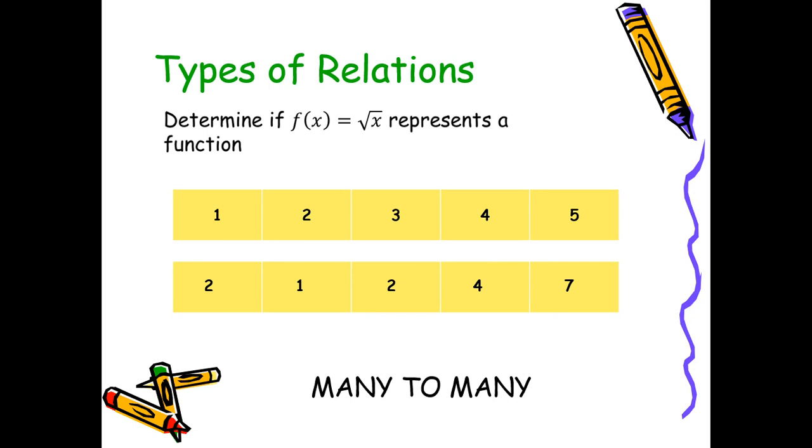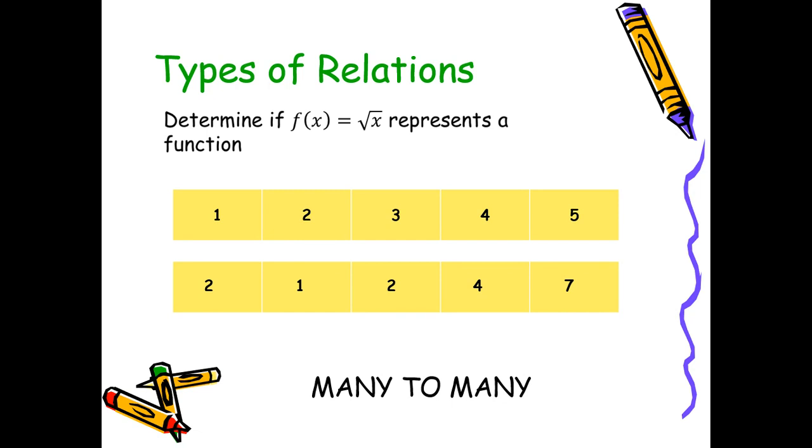Okay. So recap tayo ulit. Alin sa apat na types ng relation yung function? One to one po at saka po yung many to one. Okay, very good. It's one to one, many to one.